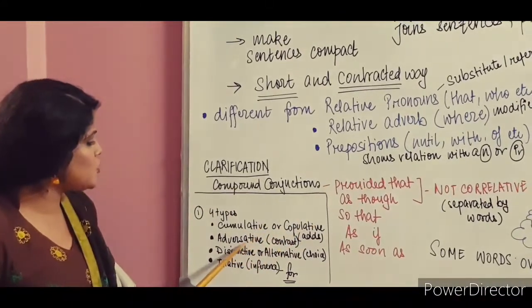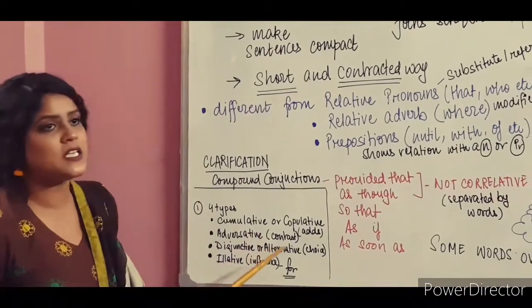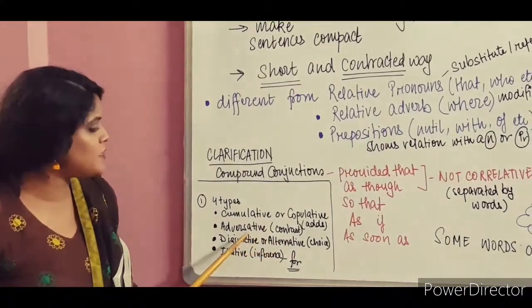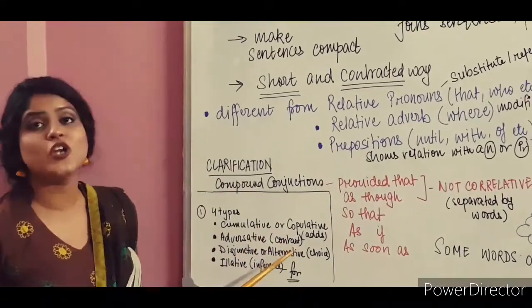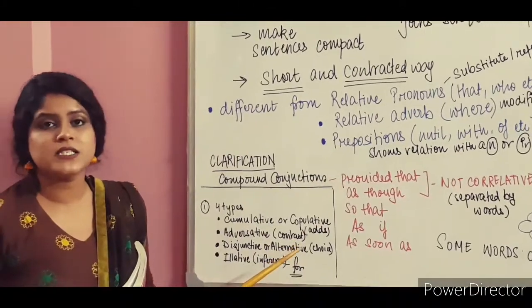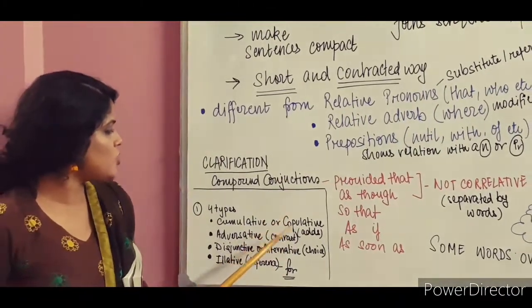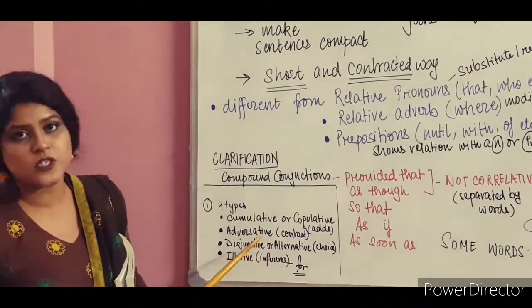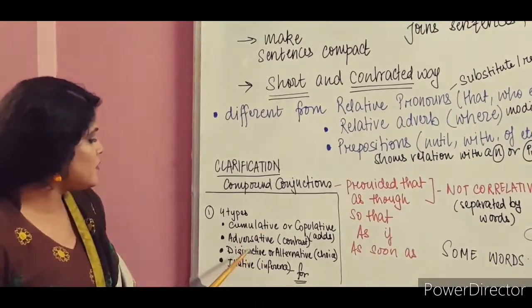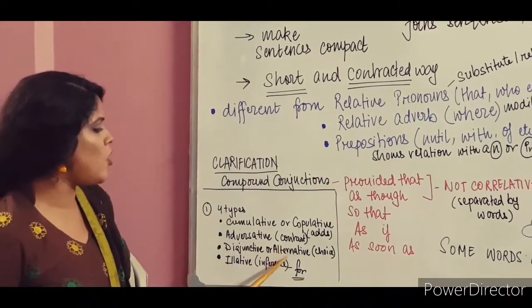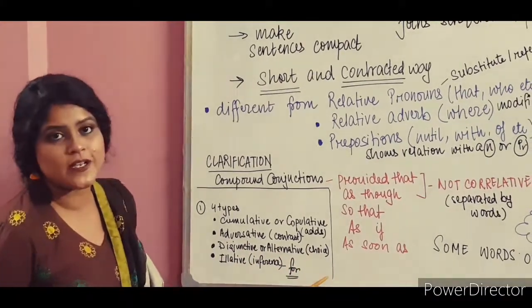The second kind that you have is the adversative. By the word adversative, we definitely mean contrast. So, but is a coordinating conjunction which is adversative. The third kind is disjunctive or alternative. Obviously, it means choice.